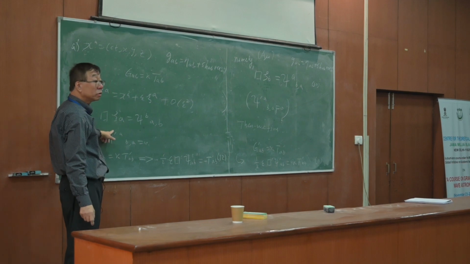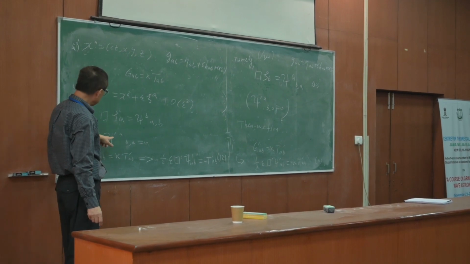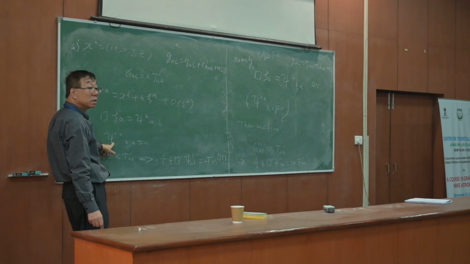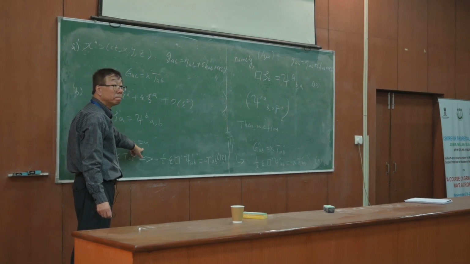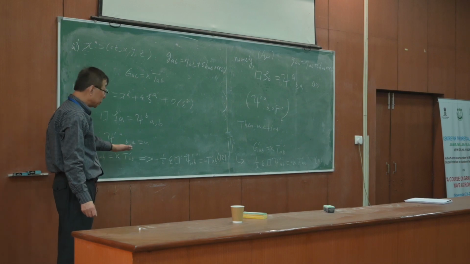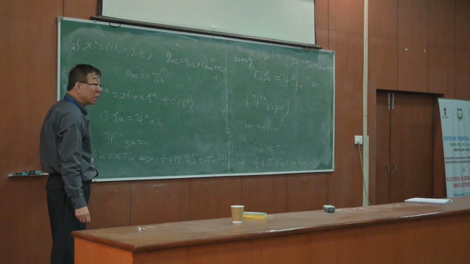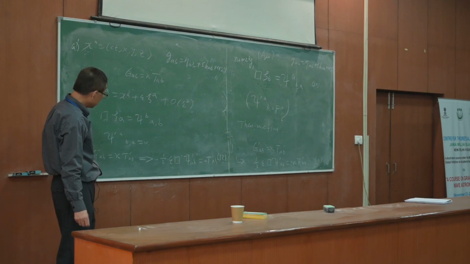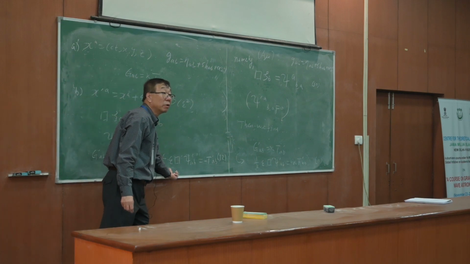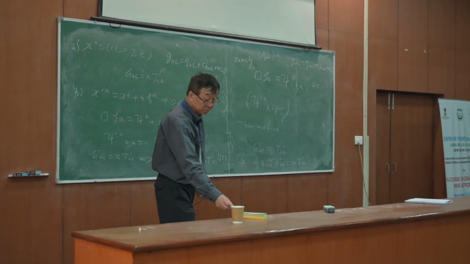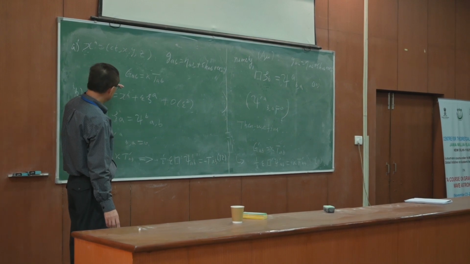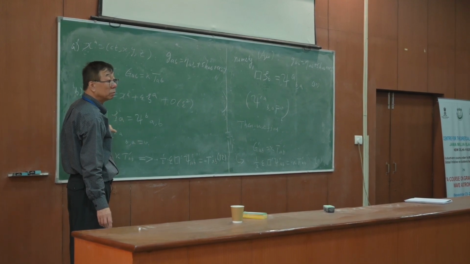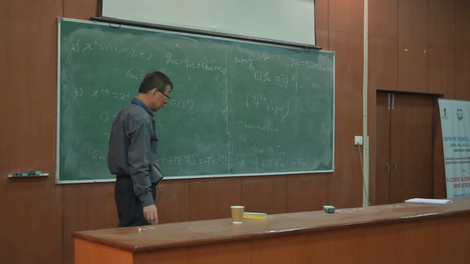If I choose this set, then you can prove this quantity in the new coordinates equals 0. Once this equals 0, I can simplify my G prime AB. Then the Einstein equation takes this very simple form. So this is called the linearized equation with the gauge choice here. Any question on this part?